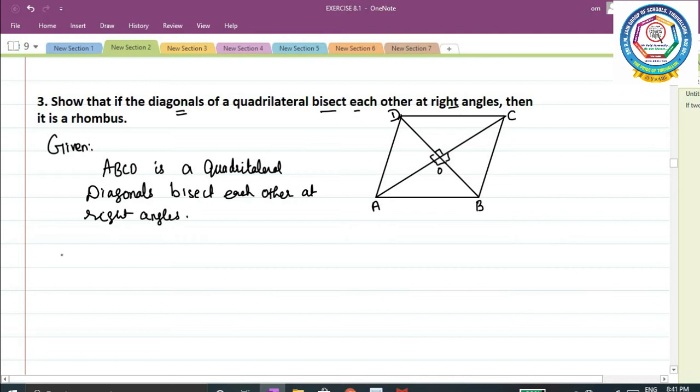That is 90 degrees. So we have to prove ABCD is a rhombus.